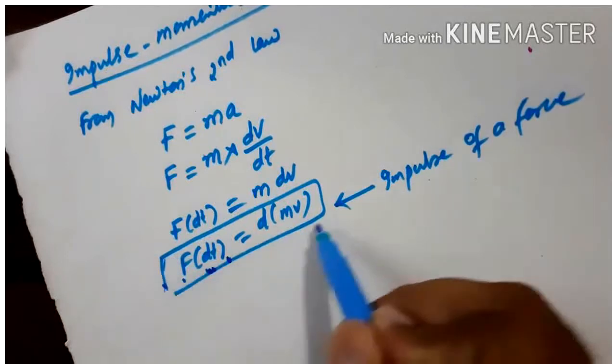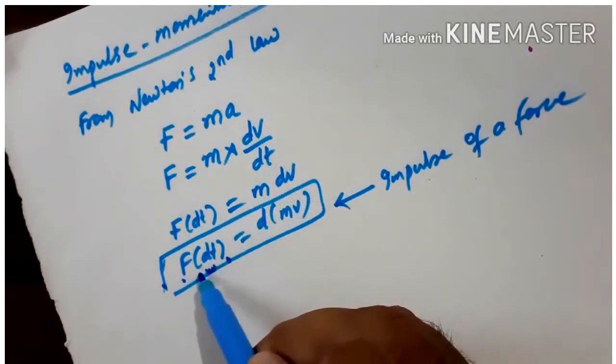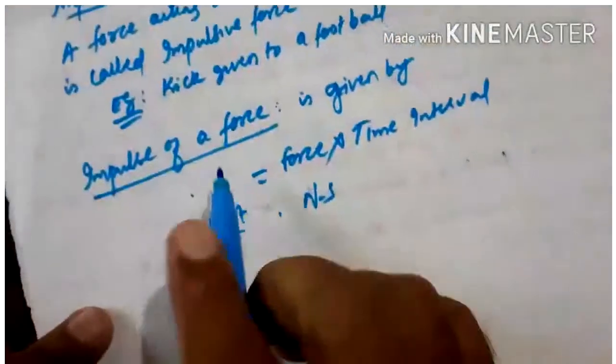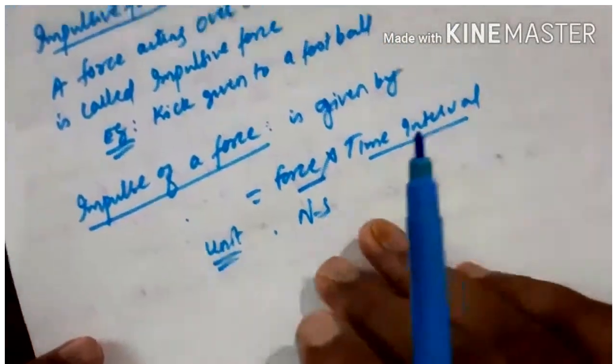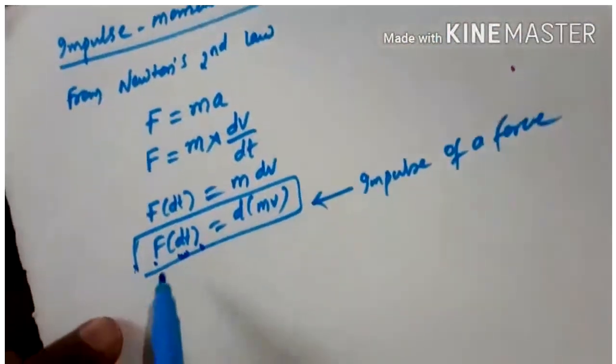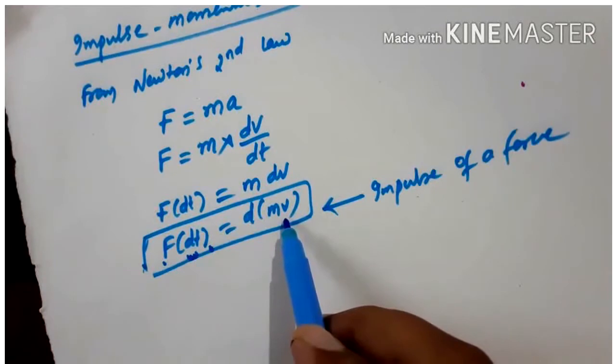This is called impulsive force. F into t is what is defined here: force into time interval is called impulse of a force. So here we have F into t equal to d of mv.